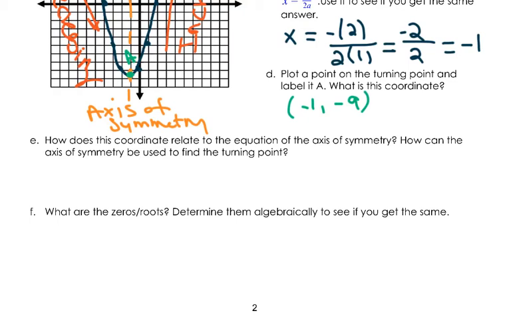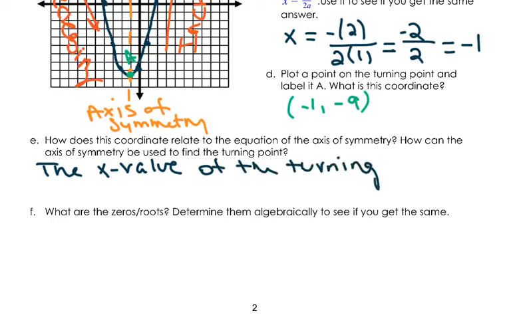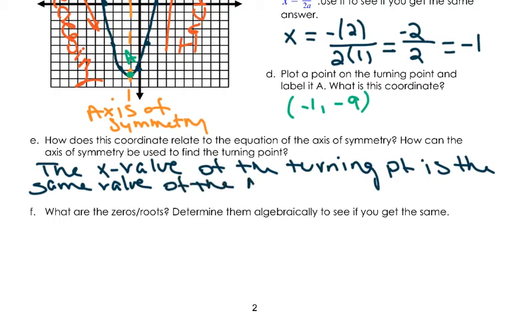So I would write that the x value of the turning point is the same value of the, I'm going to put AOS for axis of symmetry.